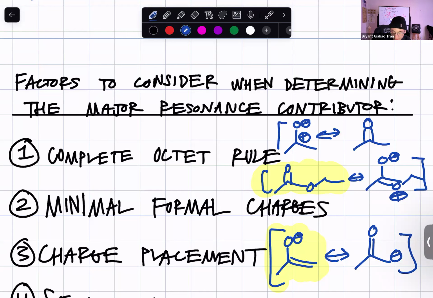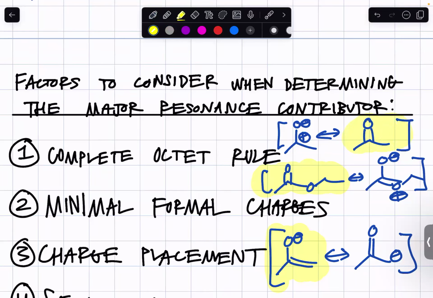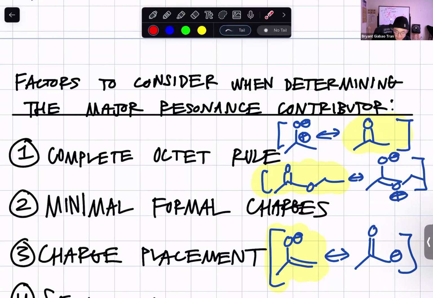You could basically use the second factor too, but I'm going to explain the first factor as well. The right one, because the right one has fewer formal charges, and also every atom has the octet.